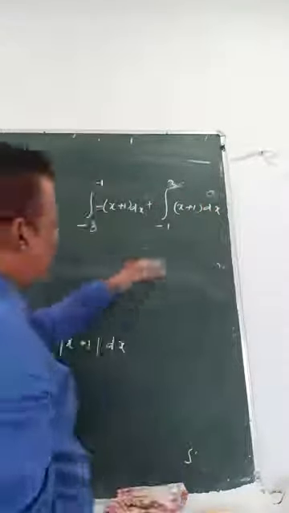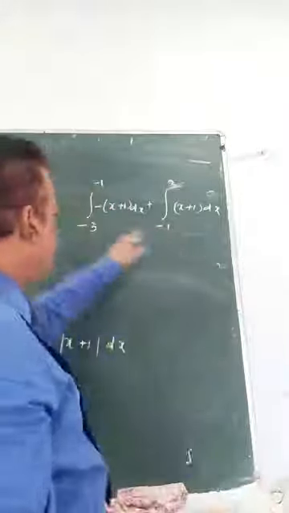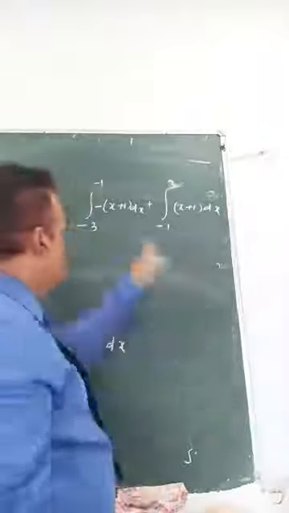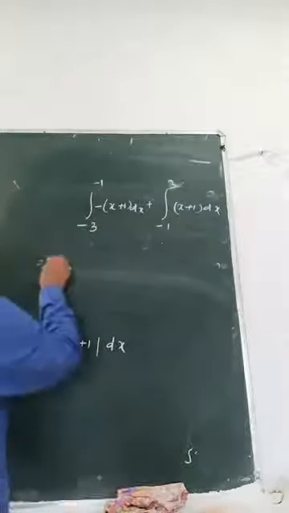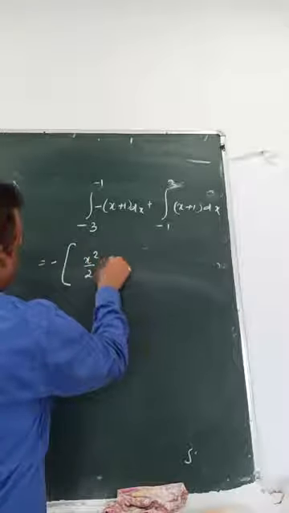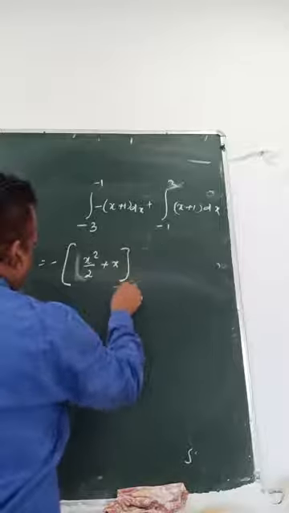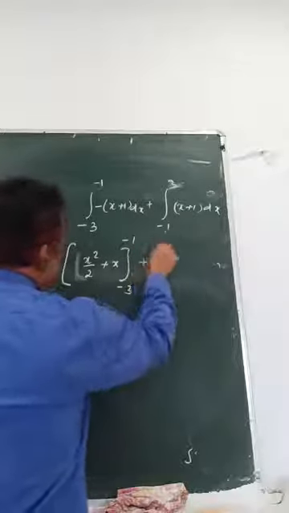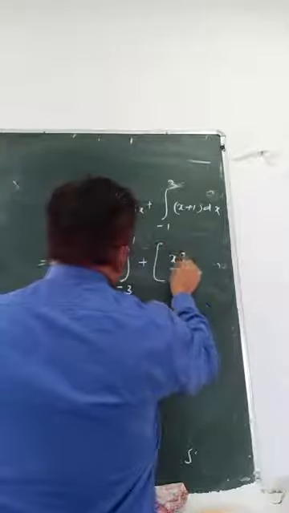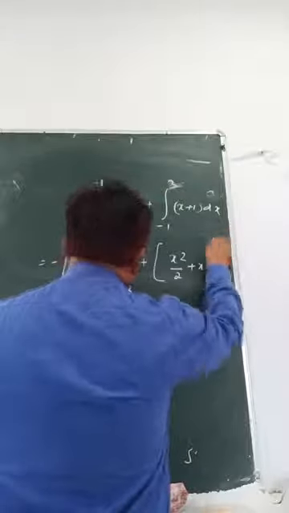So why expand that modulus and write so many lines? Directly you can write here. Now try to evaluate. That is x square by 2 plus x, minus 3 to minus 1, plus x square by 2 plus x, minus 1 to 3.